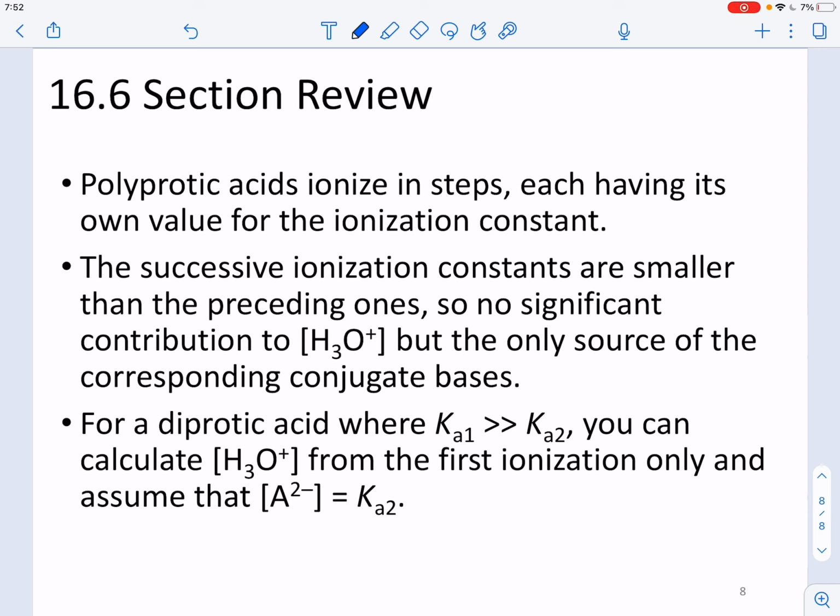Okay? Usually, with the exception probably of sulfuric acid, because the second step for sulfuric acid has a rather large constant, there is no significant contribution from subsequent steps to the concentration of H3O plus. But those steps are the only source for the conjugate bases.